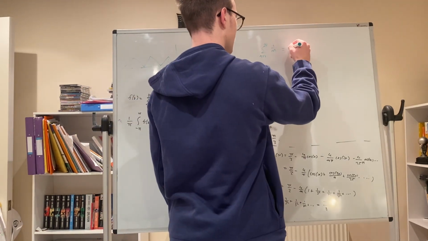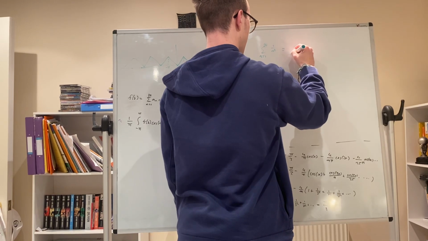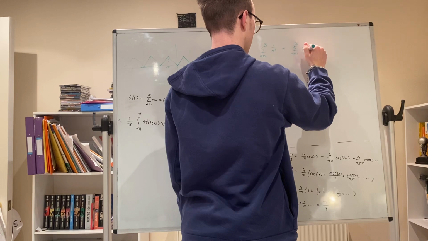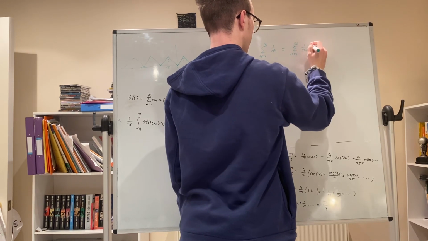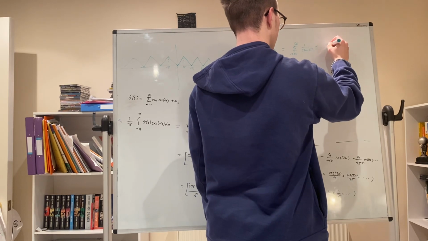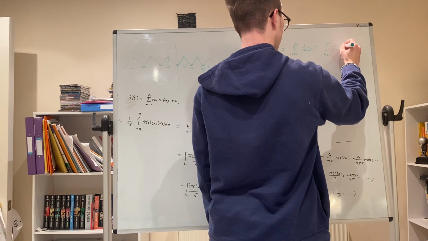So this is just equal to the sum from n equals 1 to infinity of 1 over 2n minus 1 all squared, so these are the odd ones, like here, plus the sum from n equals 1 to infinity of 1 over 2n all squared.